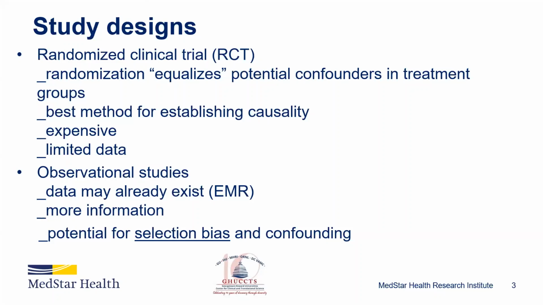They do have some limitations. One, of course, being that they're quite a bit more expensive than observational studies. And in particular, if you follow drug studies, you know that they're very, very expensive.